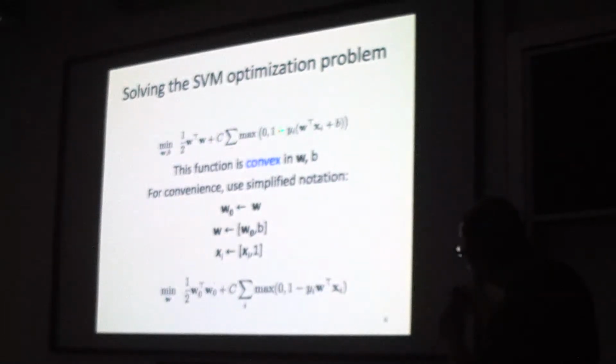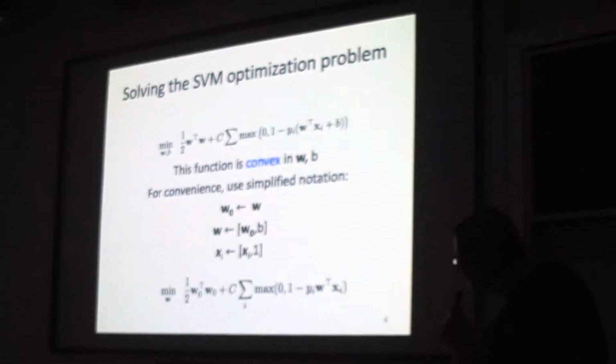The second term is a composite function, a composite of the max function and a linear function. A linear function is convex, and the max of linear functions will be convex as well. This is a basic conclusion in convex optimization. If you're interested, just take a look at the textbook.